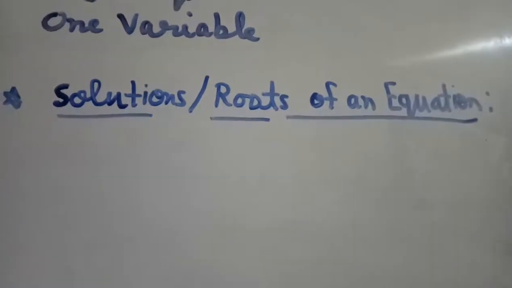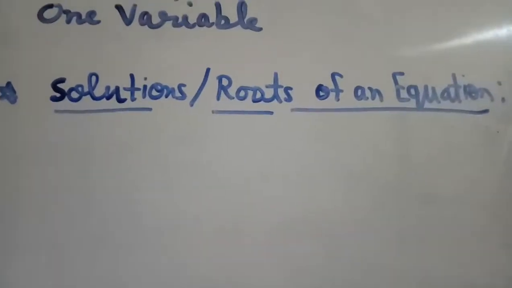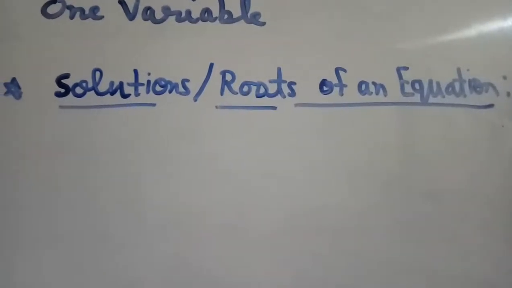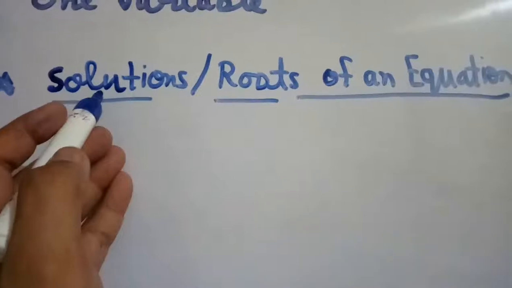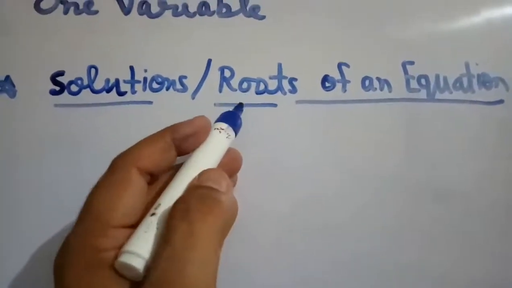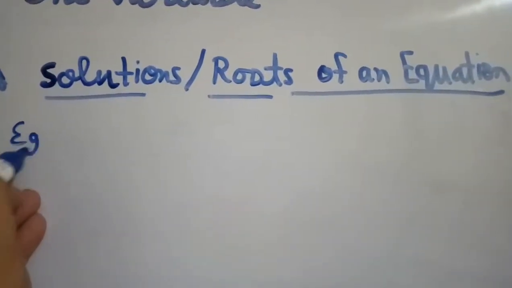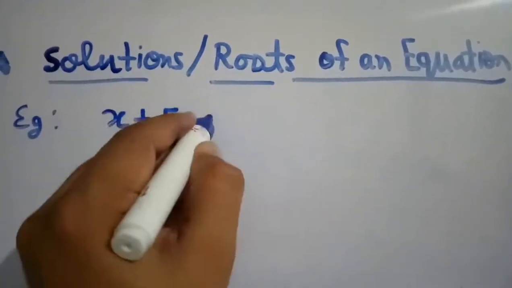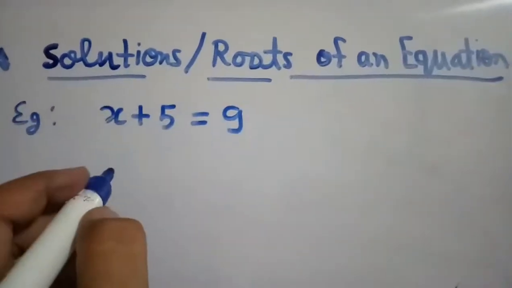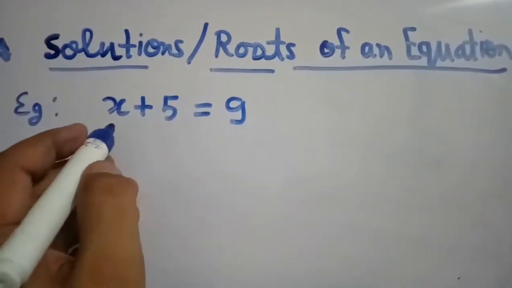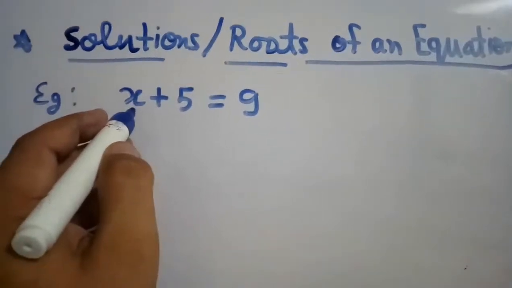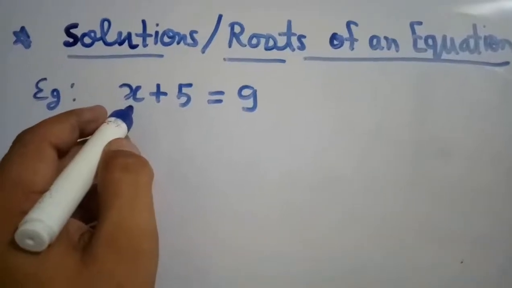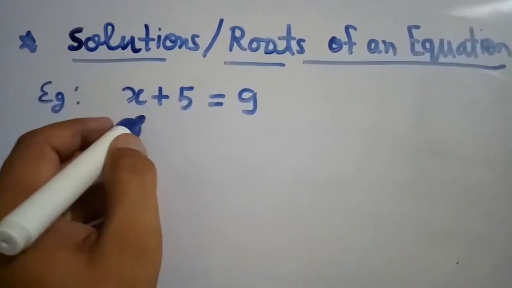So student, every linear equation in one variable has a unique solution. Solution, another name is root. For example, if a linear equation is x plus 5 is equal to 9, then what value of x satisfies this equation, LHS is equal to RHS, left hand side is equal to right hand side.